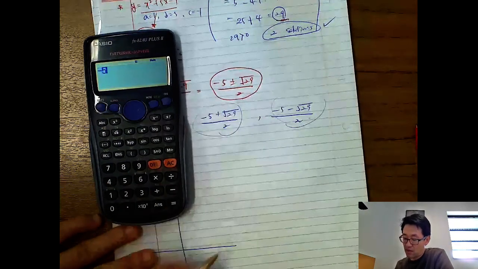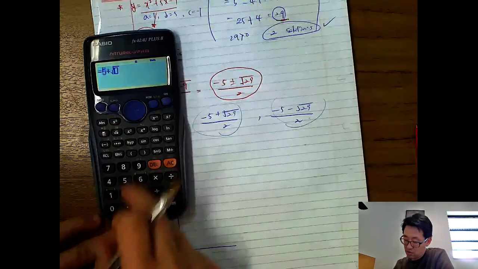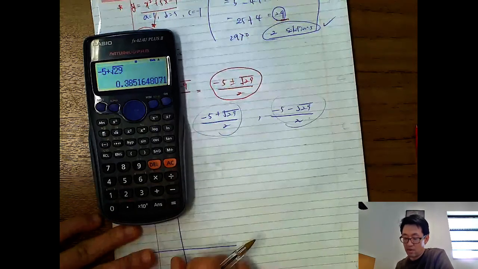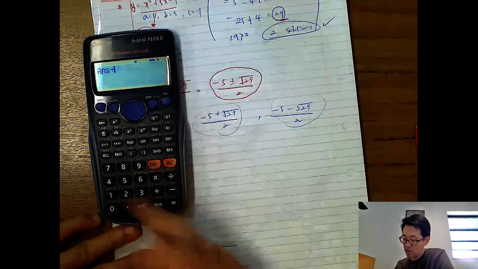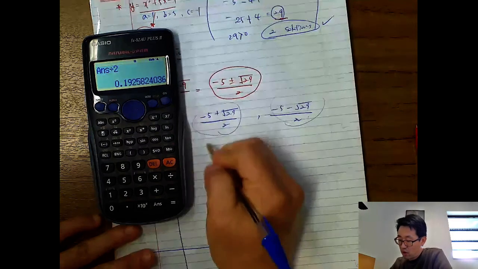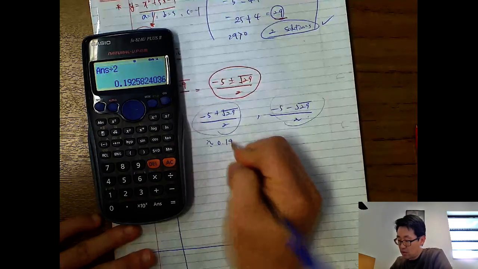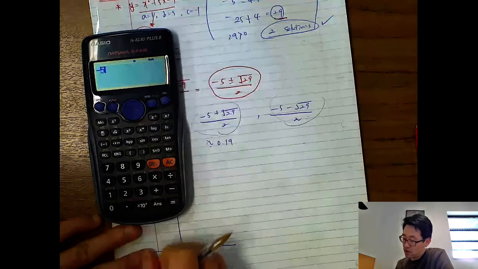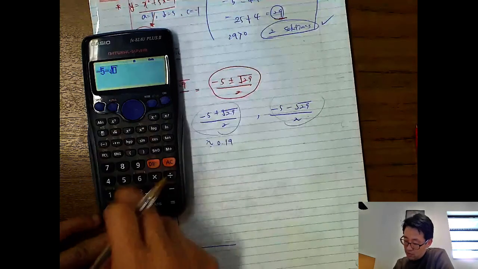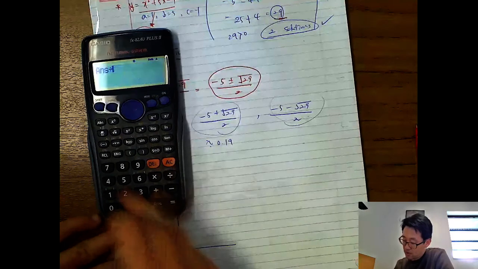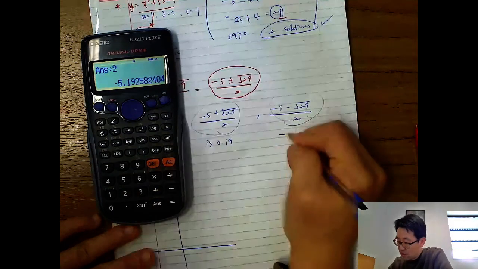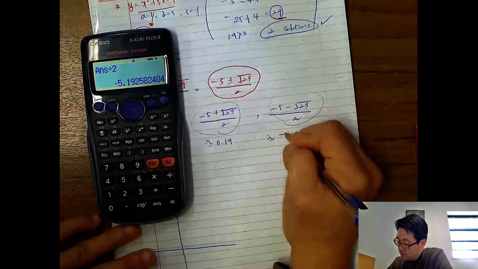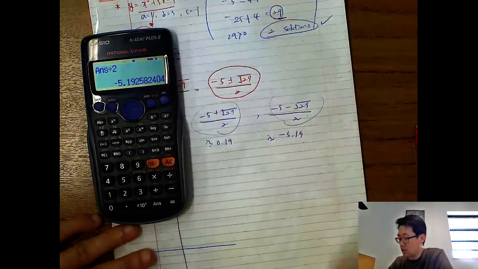Otherwise, minus 5 plus root 29, and then divide by 2, is roughly 0.19. And here, minus 5 minus root 29, divided by 2, is roughly minus 5.19 as well.